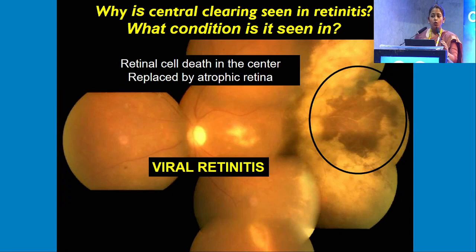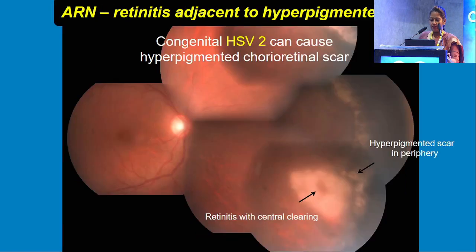Now, there is a clue in the retinitis itself in acute retinal necrosis. There will be a central clearing in this retinitis. Why does the central clearing happen? It is because of retinal cell death in the center, which is replaced by atrophic retina. This classical central clearing is seen in viral retinitis.